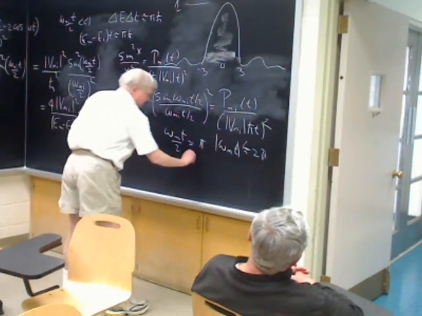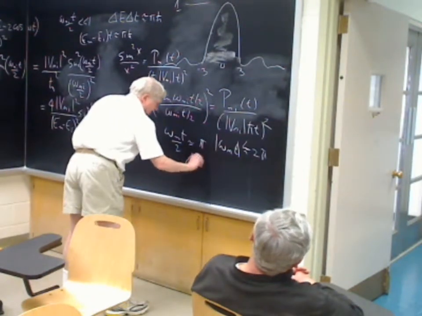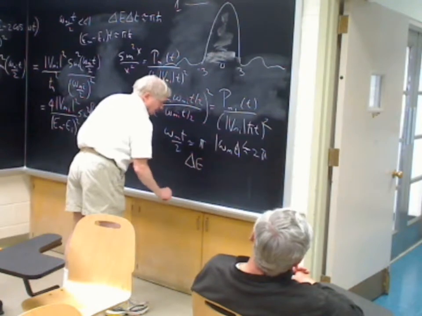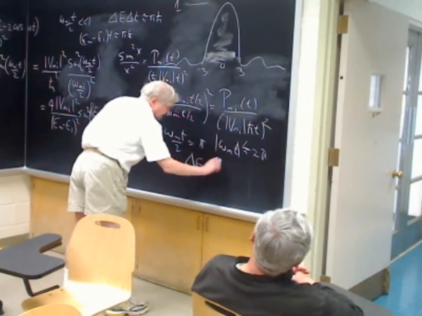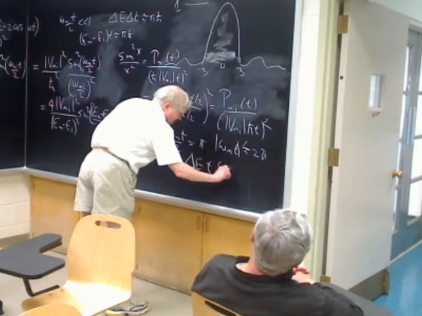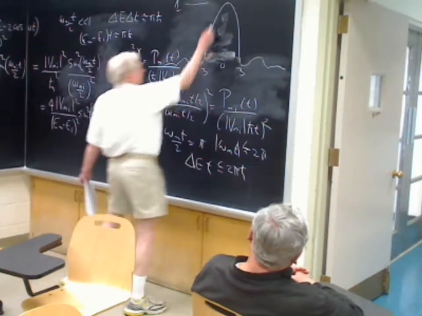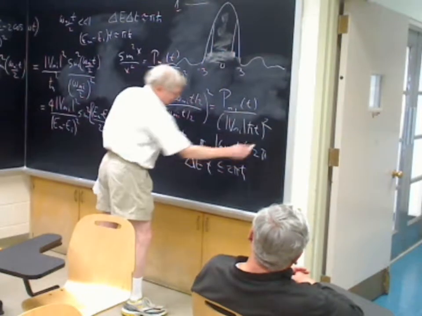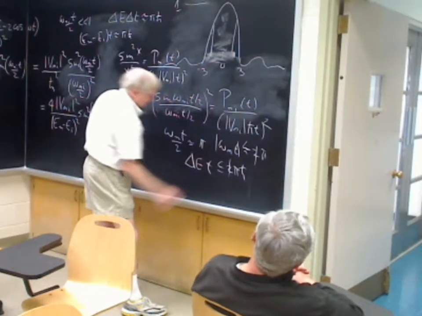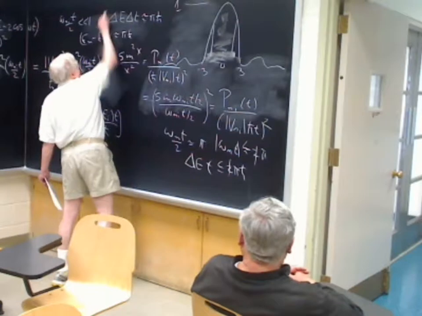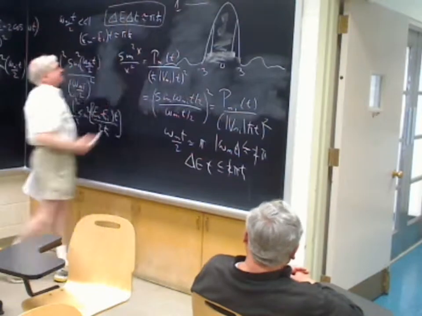And so that says that delta E t is less than or equal to something like 2 pi h bar. Or as I said, if you cut it off at the top here, then it cancels the 2. So it's pi h bar. So that's the origin then of this uncertainty relation.